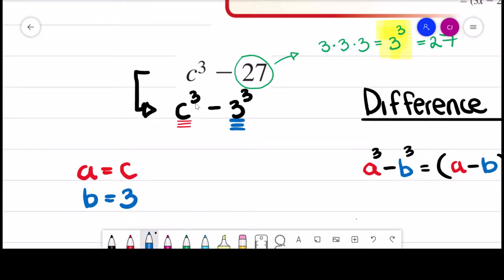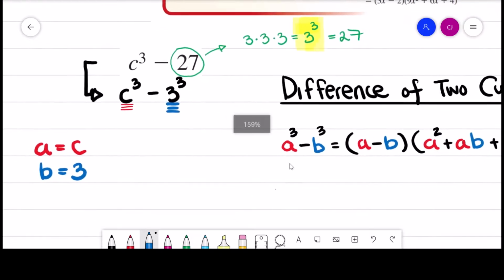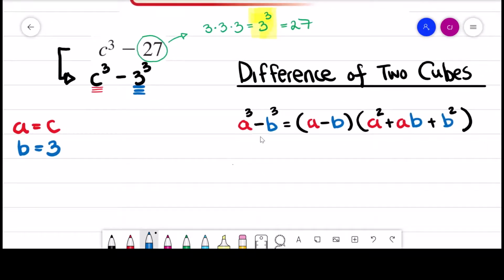And I'm going to follow that same pattern. I'm going to rewrite my polynomial on the bottom so that you can see that process.